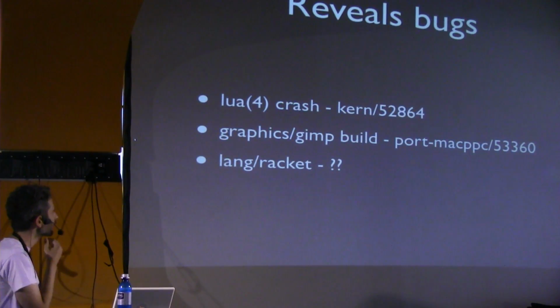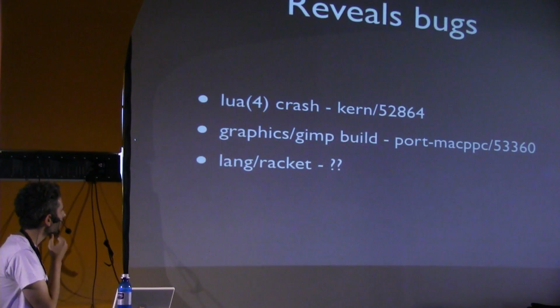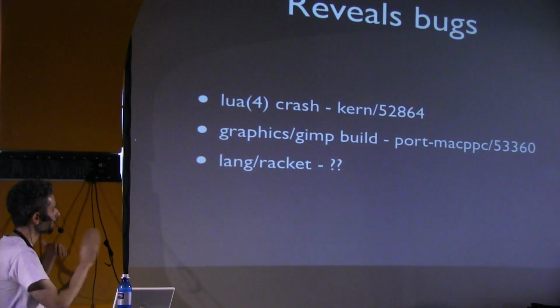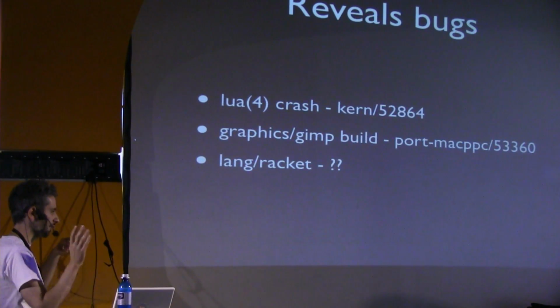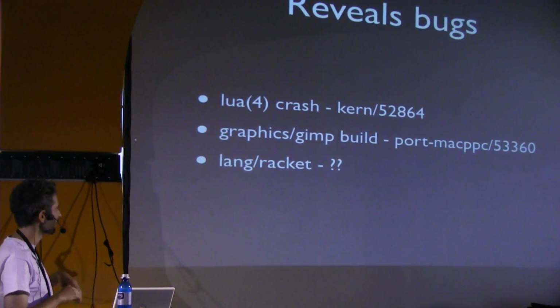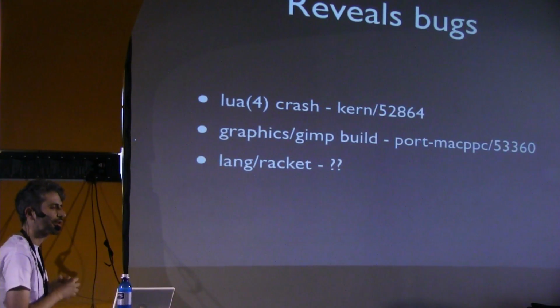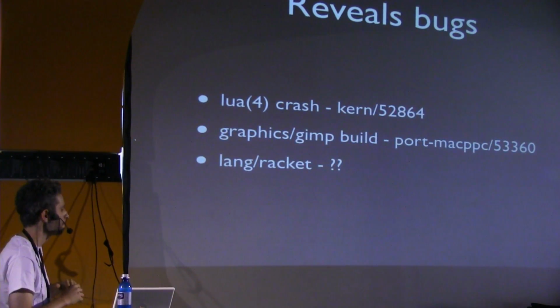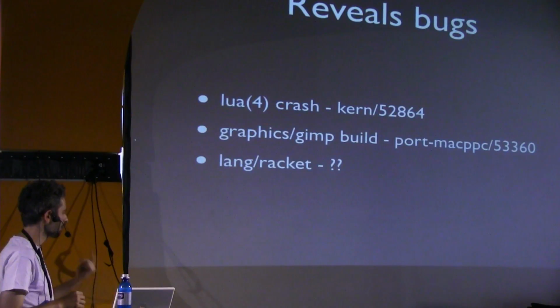So for the Lua device, Lua wasn't handling the case of architectures which have separate kernel and user space memory, and so you would crash the system trying to upload your Lua program.